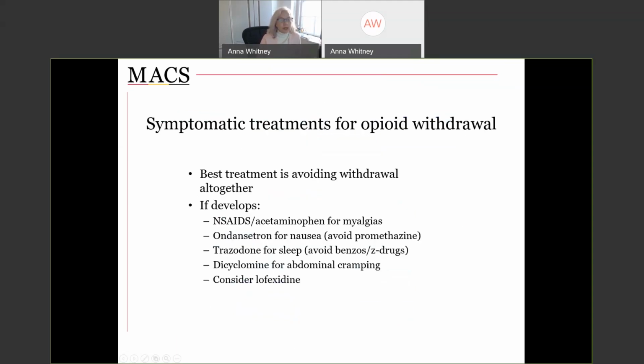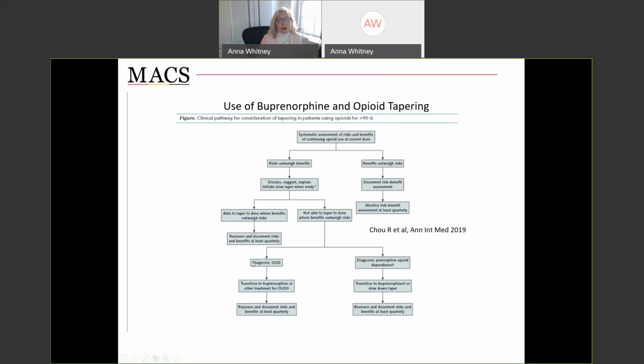Just another quick note to say that there are buprenorphine formulations that are specifically indicated for the treatment of pain, but not the treatment of an opiate use disorder. And so just recognize that in order to prescribe buprenorphine for an opiate use disorder, that requires a special waiver from the DEA.